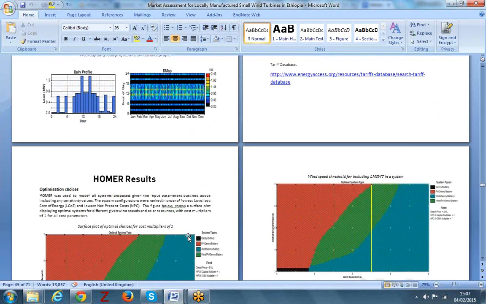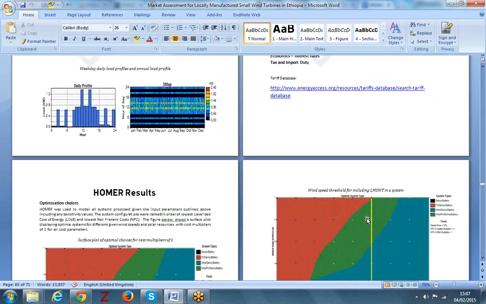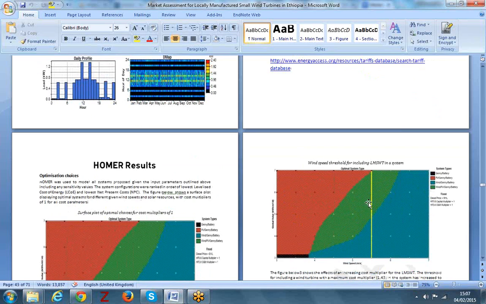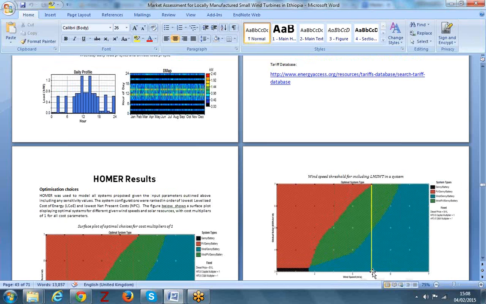So you can sort of see from these graphs that at this stage here, which is quite a high wind speed, 5.5 meters per second, anywhere in the country where there's 5.5 meters or above, it'll always be economical to include a wind turbine. Now John made a good point that there's not many areas that this 5.5 is applicable.